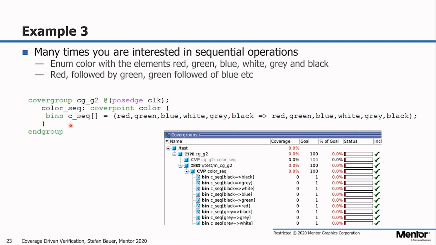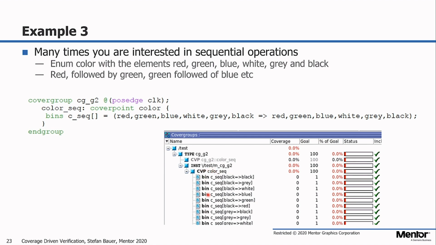I'm adding a bin called C_sequence, and here you see that's an open array. And the bin should contain the following sequence: red, green, blue, white, gray, black, followed by red, green, blue, white, gray, black. And if you look at the cover groups window later on, you see my cover point color sequence, and it's automatically generated.